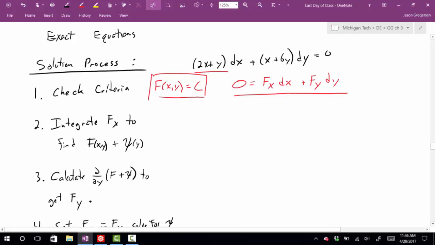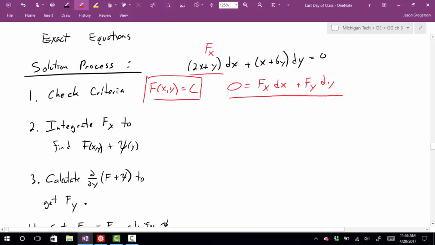And so that's kind of the situation we're in. We're hoping that this guy is the partial of some function with respect to x. We're hoping this piece is the partial of some function with respect to y. One way we can show that there actually is some function f that makes that true is that their mixed partials are equal. So what do we do to check to see if the equation is exact? I take the partial of this piece with respect to y.